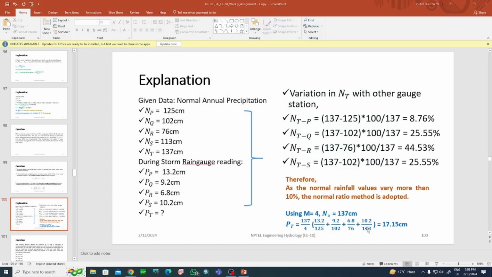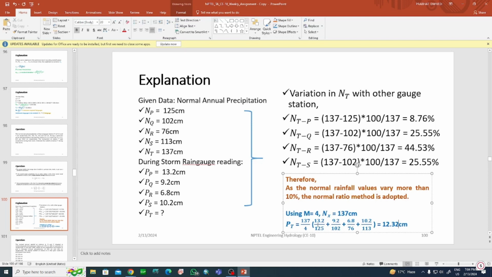For the time being, I'm taking the value you just mentioned, Ashish: 12.32 centimeter. Okay, Ashish, you can also, just a minute, I can also calculate from my side, so it will be confirmed. So 13.2 divided by 125, we are getting for the first part 0.1056, right?